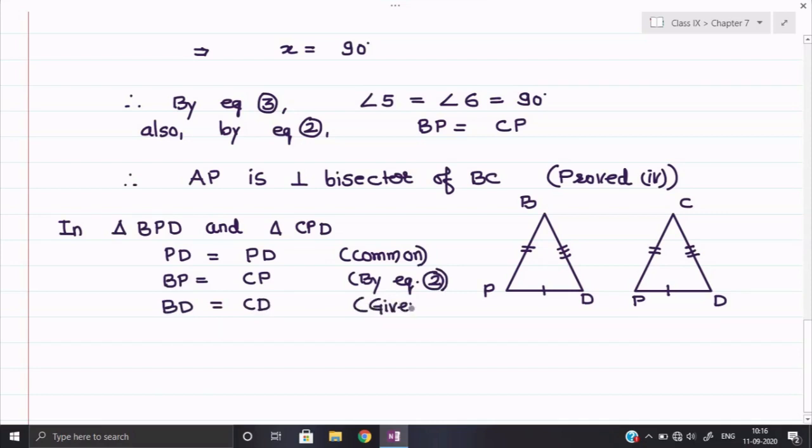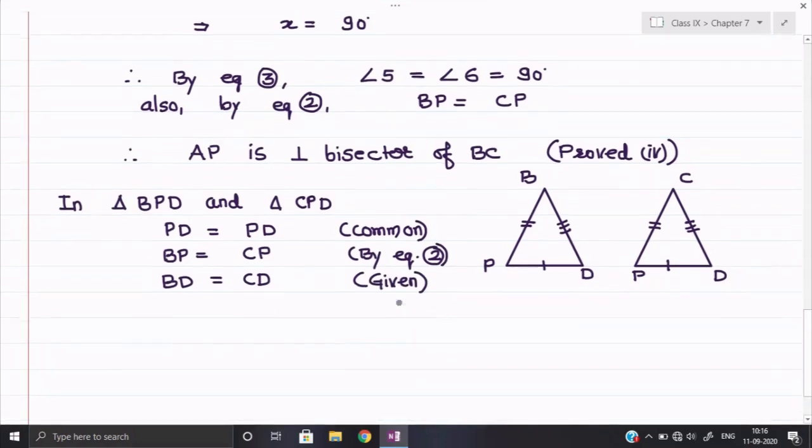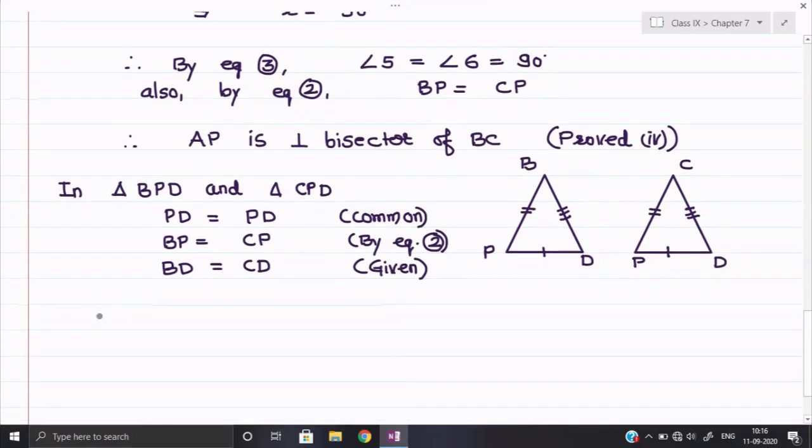We have given that AB and AC are equal, and second thing we have given that BD and CD are also equal, because triangle BDC will be isosceles triangle. So now we can say that therefore triangle BPD is congruent to triangle CPD with the help of side theorem. So by side rule.